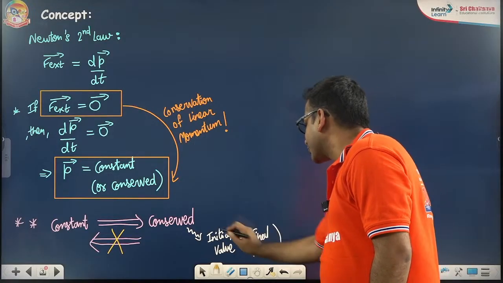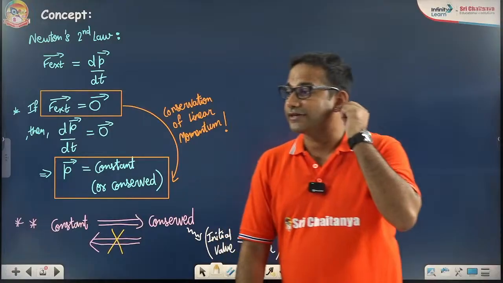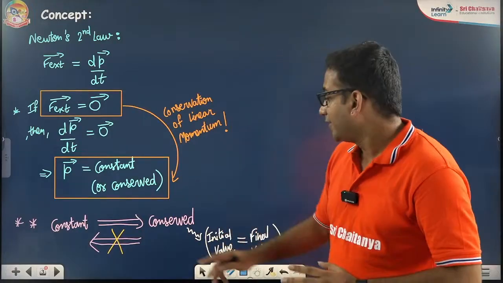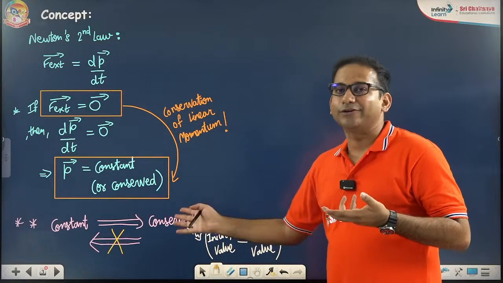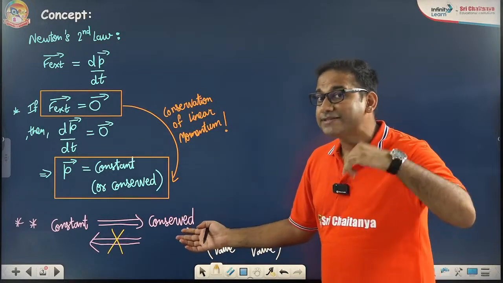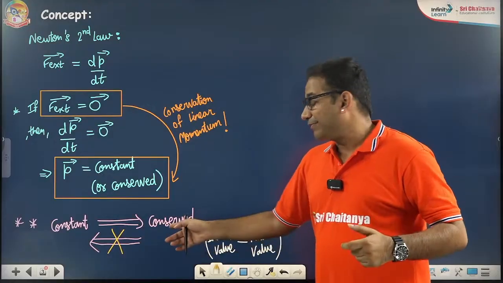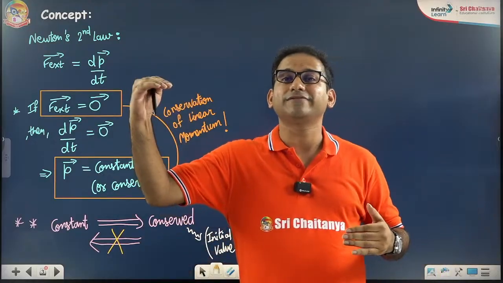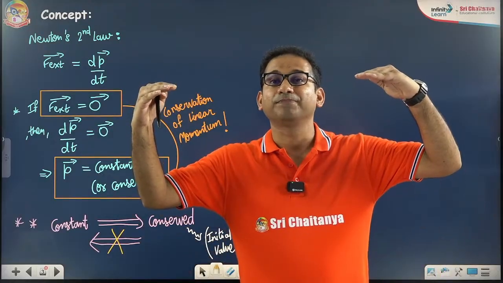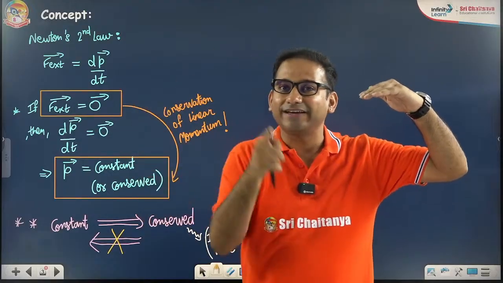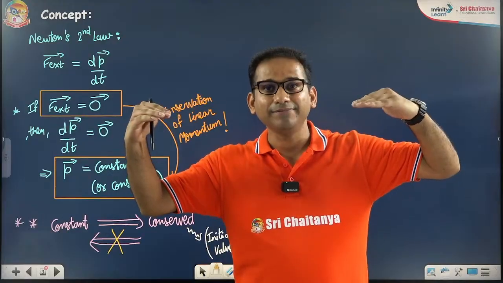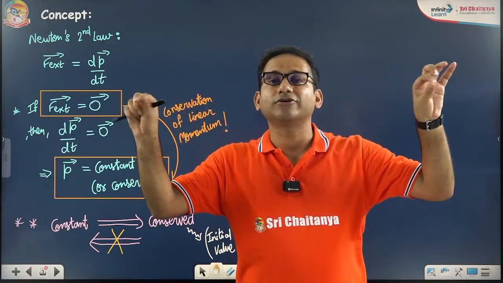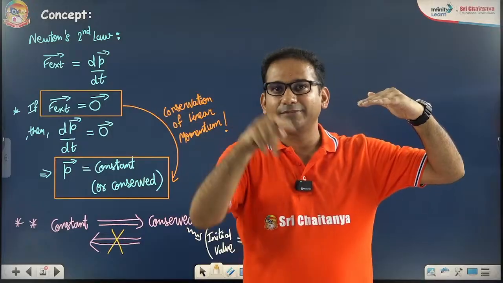So if something is constant or fixed, then obviously its initial and final values will be the same. But the reverse is not true. There may be a physical quantity whose initial value matches its final value, but who knows, it may vary in between.